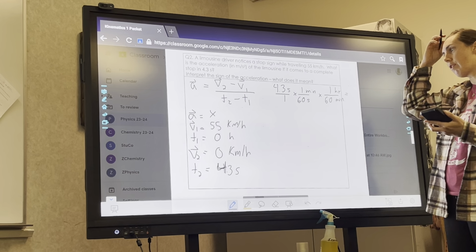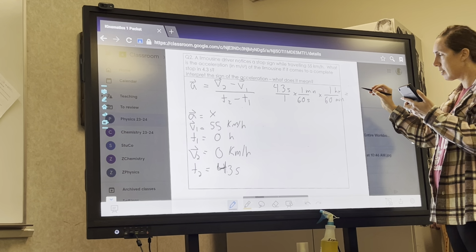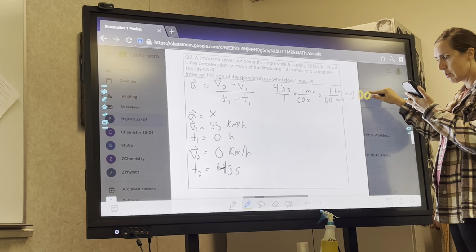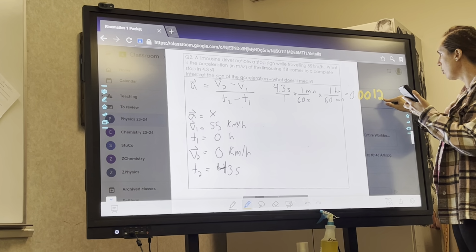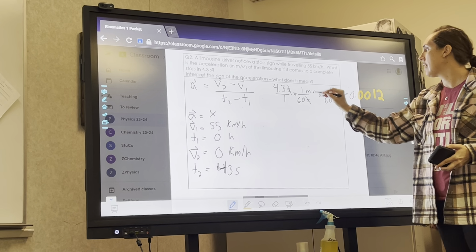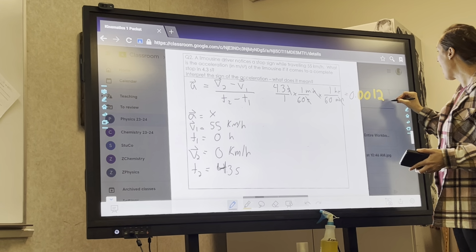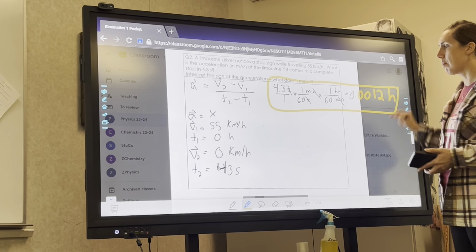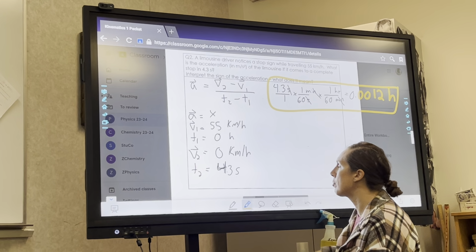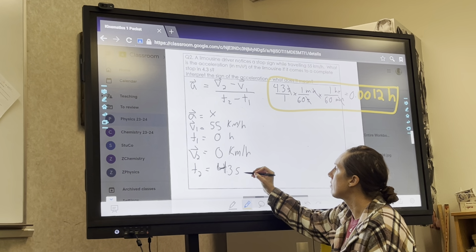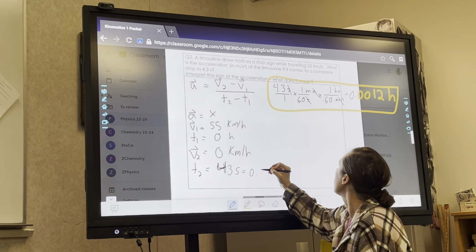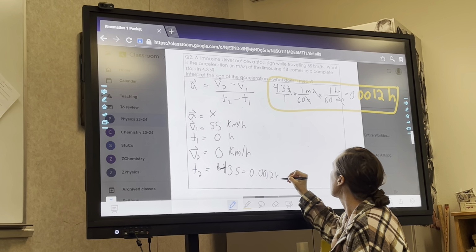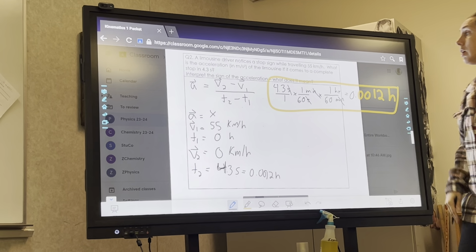The number that we're going to use is 0.0012. We're out of seconds, out of minutes, and we're just left with hours. So right here, instead of 4.3 seconds, I'm gonna write 0.0012 hours.